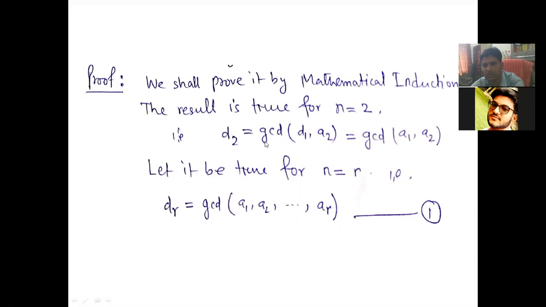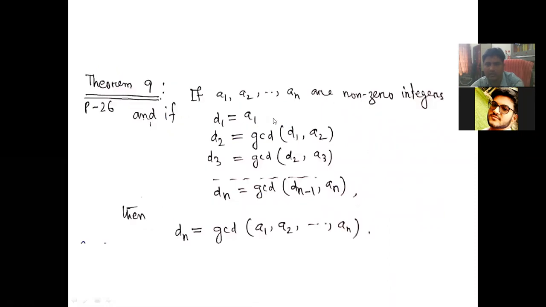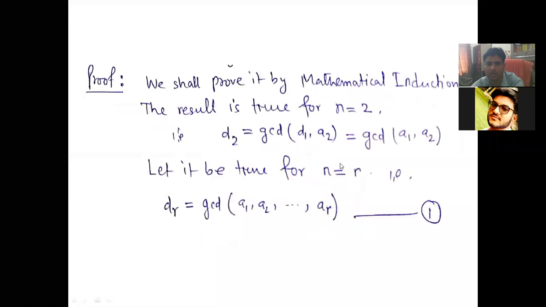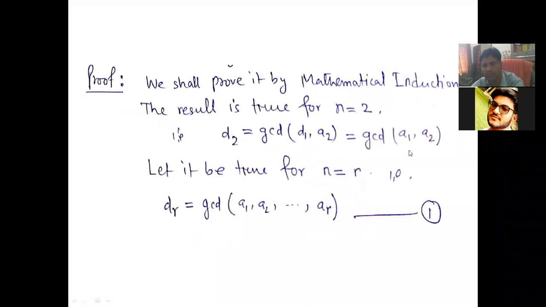You see, D2 equals GCD of D1, A2, and D1 is given as A1. So if we take A1 in place of D1, D2 equals GCD of A1, A2. So it is true for n equal to 2.